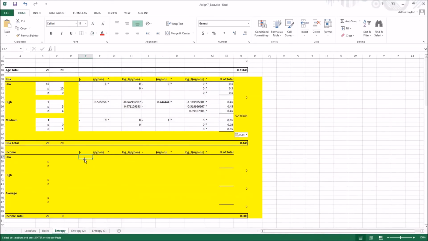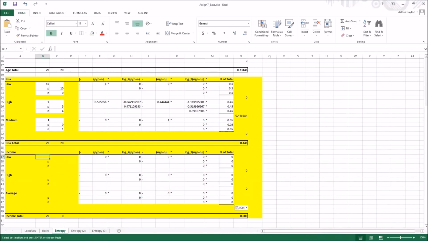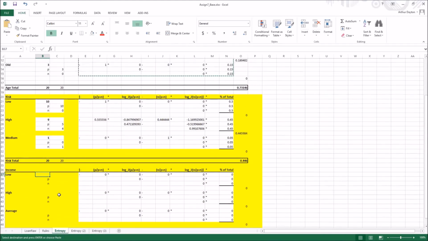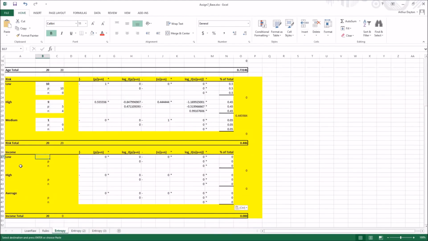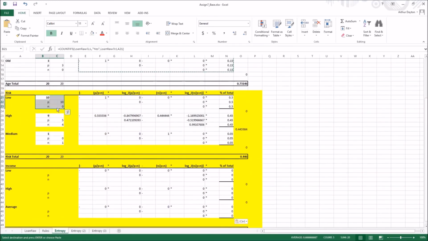And then I can do the same thing for income, understanding that I need to fill in my positive, negative, and total counts for my income categories. So to do that, we'll just copy our risk calculations on down here. We know we need to not refer to column I anymore.